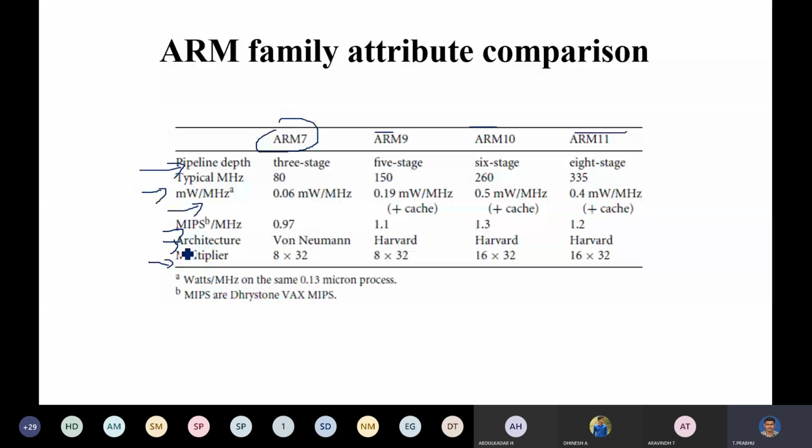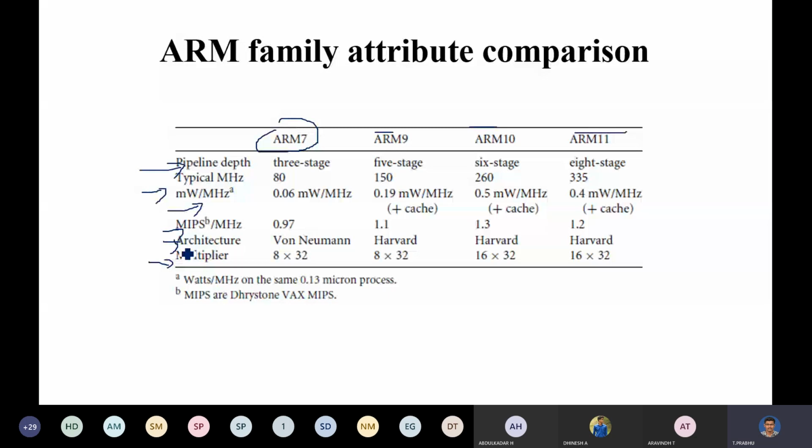The ascending number equates to increasing performance, comparing ARM 7, ARM 9, and ARM 10. The increase equates to increasing performance of the application.